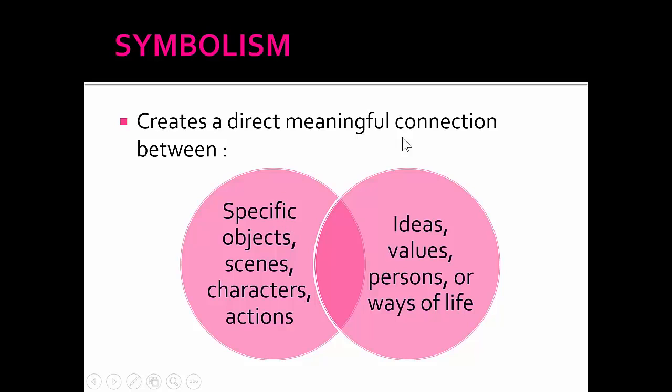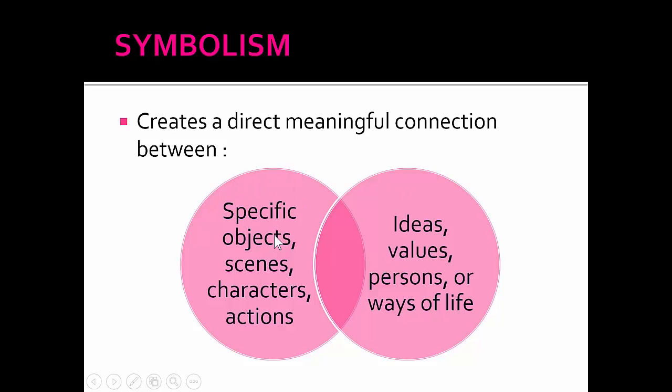So that's step one. Step two is you need to say it is symbolic of what? It can't just be a symbol. It needs to be a symbol of something. Because when you're telling me something is a symbol, that means you're saying it is a stand-in for something else.